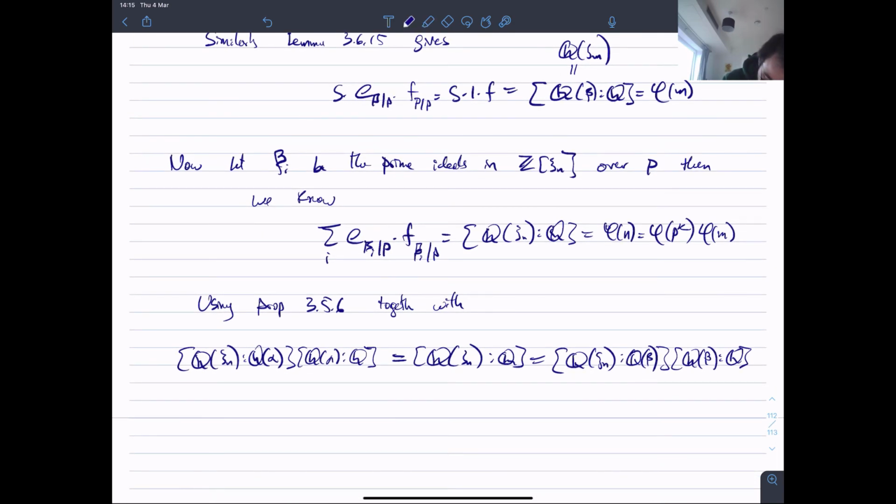So combining these two things, we get that s times e times f, these numbers have to be this degree over Q, from which the result follows.